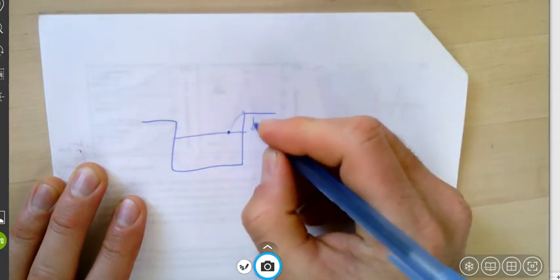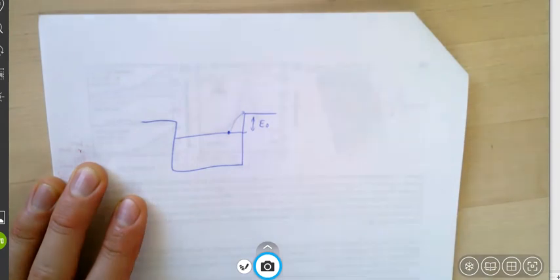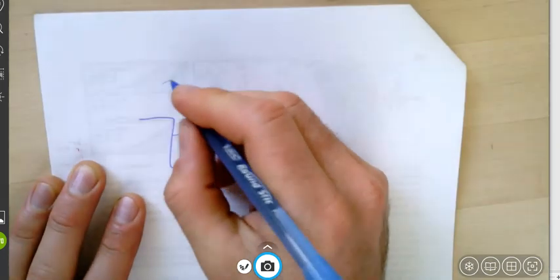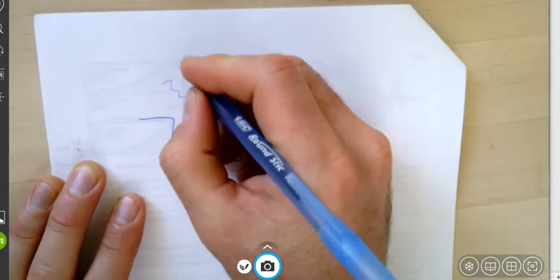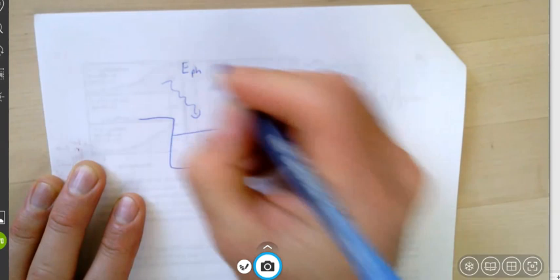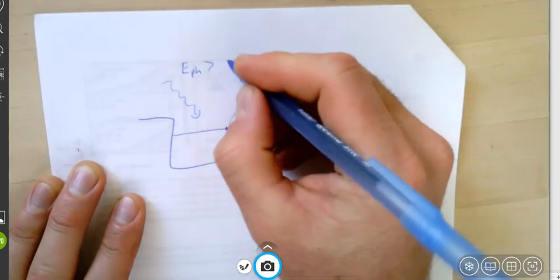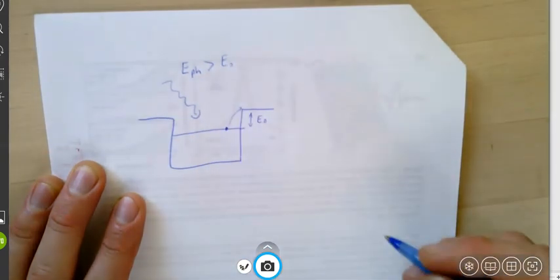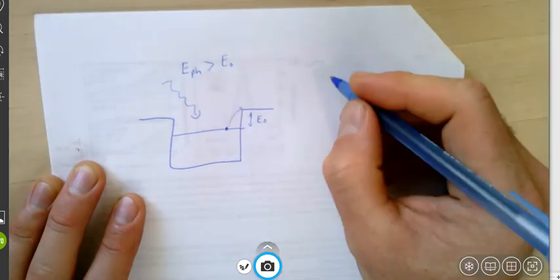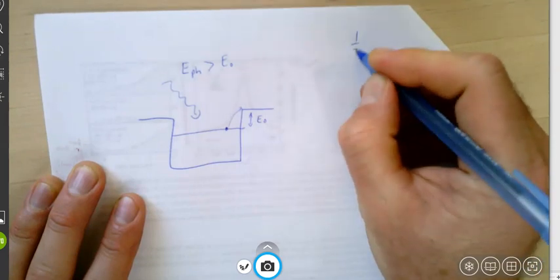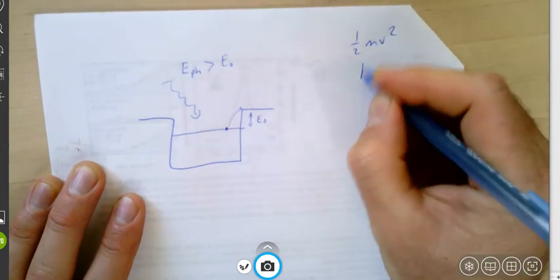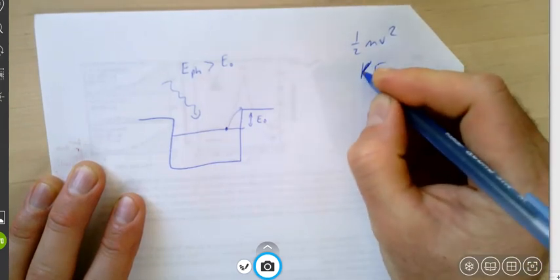It needs to have this work function E naught to get through. But say you sent in a photon that has an energy bigger than E naught. Well, the rest of that energy becomes kinetic energy, that is to say, a half mv squared. We'll call this K energy.